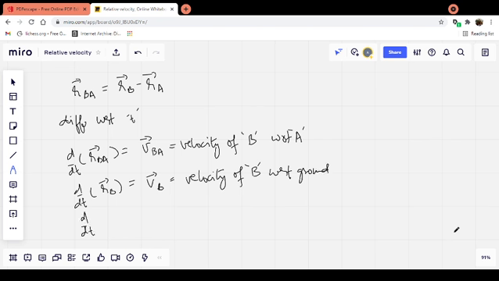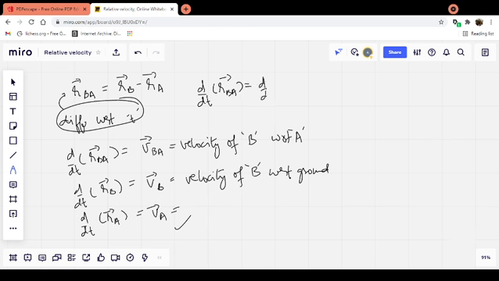Similarly, if I differentiate position of A, I would get velocity of A. So differentiating with respect to t, this whole equation would give me d by dt of r_BA is equal to d by dt of r_B minus d by dt of r_A vector.